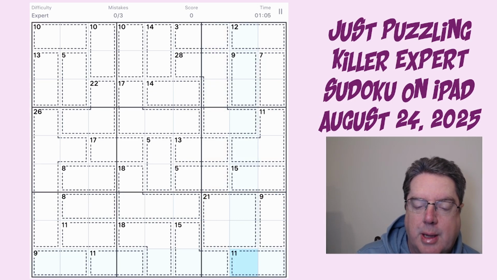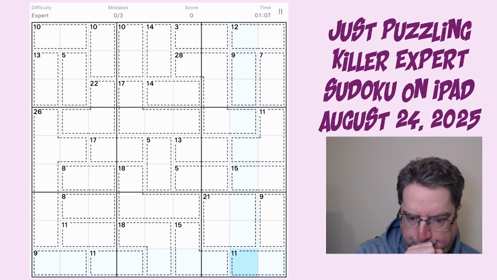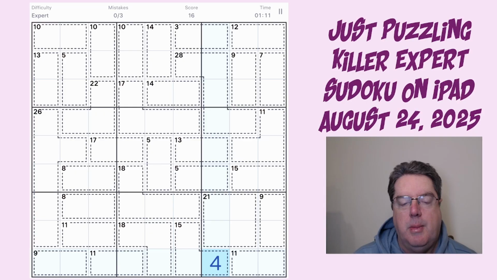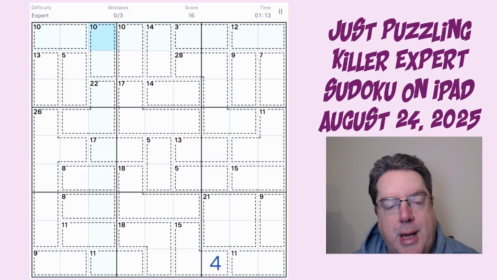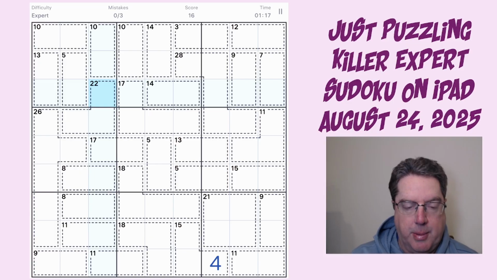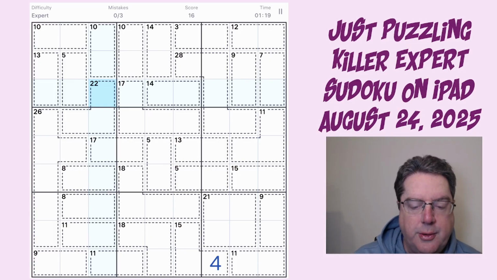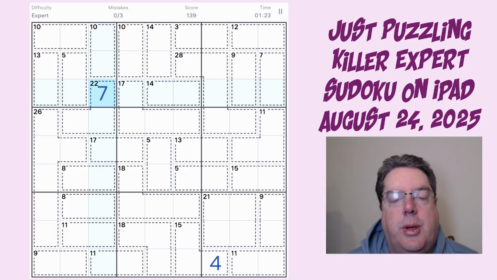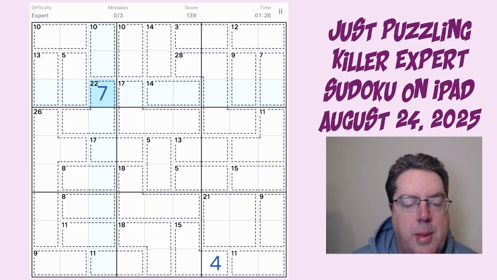What's the number that makes up to 45? It's 4, so that's going to be that number there. Same deal here. 10 plus 10 is 20, plus 5 is 25, plus 13 is 38. So what makes 38 up to 45? 7. So that's why this becomes quite powerful and can be quite helpful.